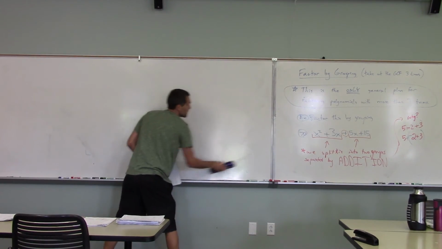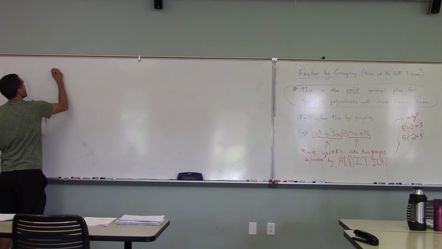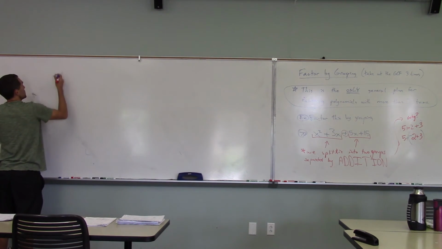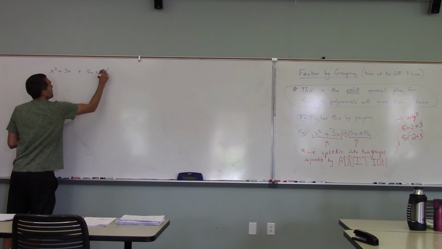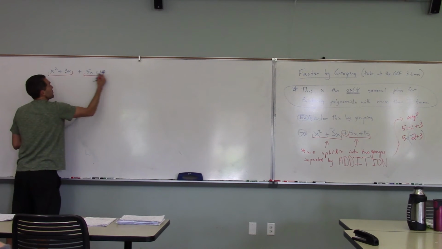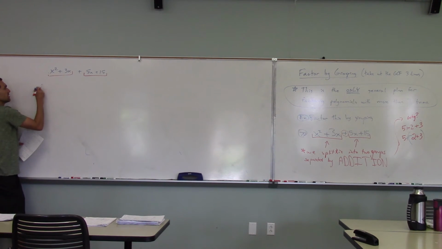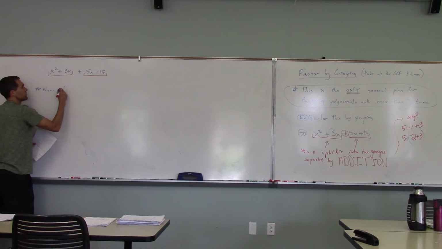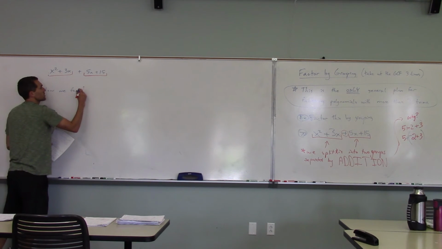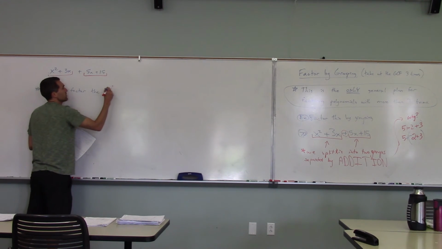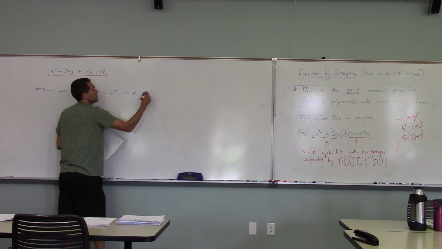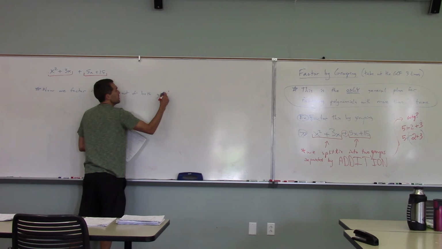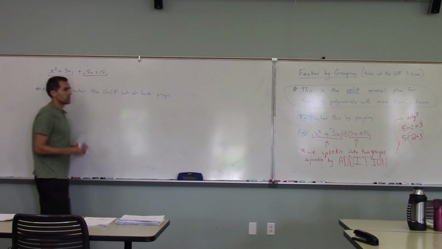Continuing on the same step, we say, okay, so we've got x squared plus 3x plus 5x plus 15. We group this, we group this. Right below that, we say, now we factor the GCF out of both groups. Okay, what's the GCF of the first one?